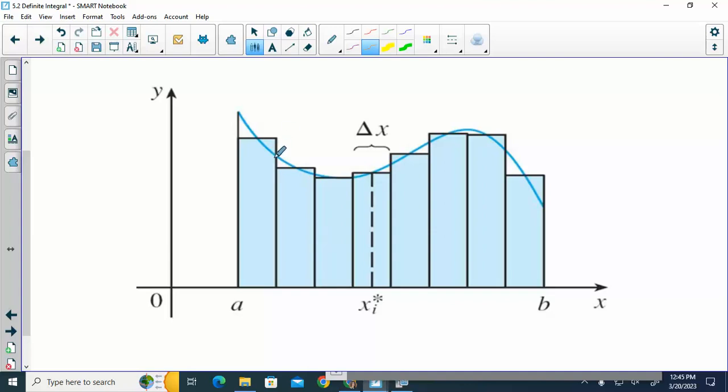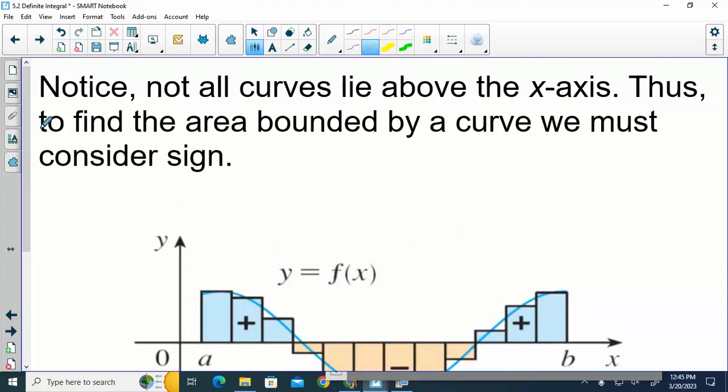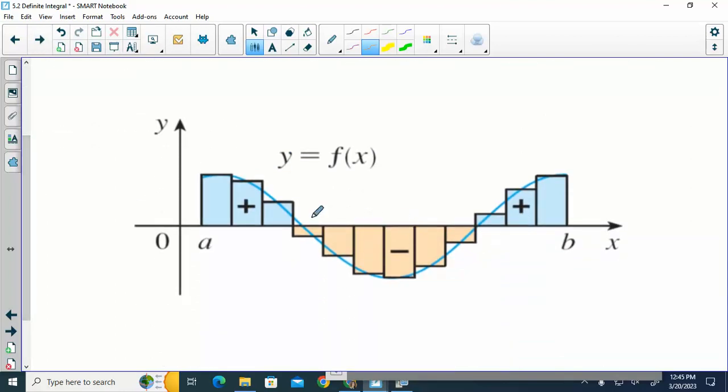So we know that we talked about originally doing rectangles, and we could do over and under estimates, and the more rectangles we have, the better it is. So to get the true area, we had to let the limit go to infinity, right? The number of rectangles had to be approaching infinity. We do also have to consider, we haven't seen this, but if things were below the axis, that would be negatives.